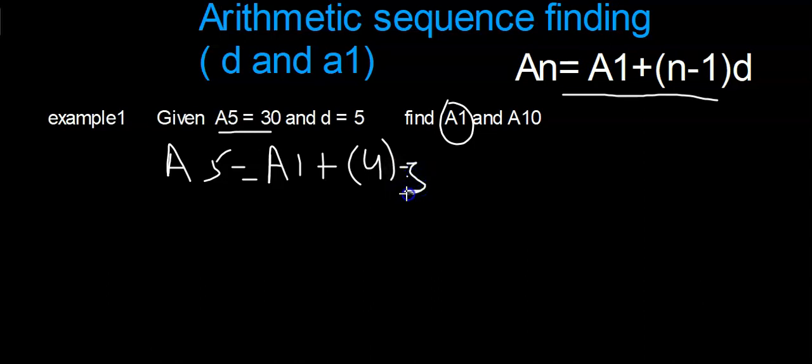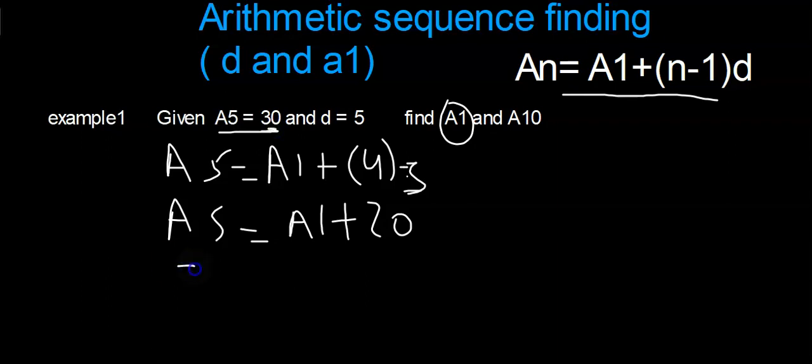So we're going to say 5. So a5 equals a1, which is the one that I'm looking for, plus 5 times 4, which is 20. And they've given us the value of a5, and that is 30.